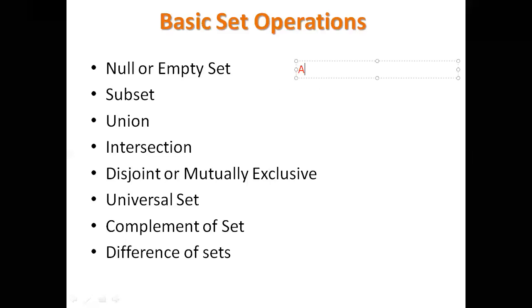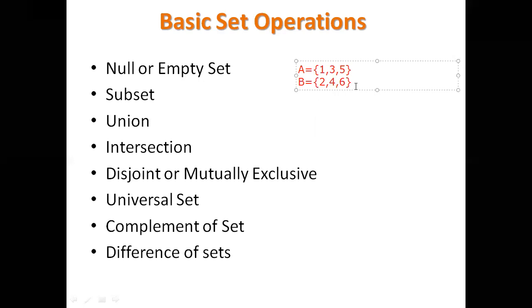Suppose A equal to 1, 3, 5, and B equal to 2, 4, 6. A is taking odd numbers and B is taking even numbers. What is the intersection between these two sets?